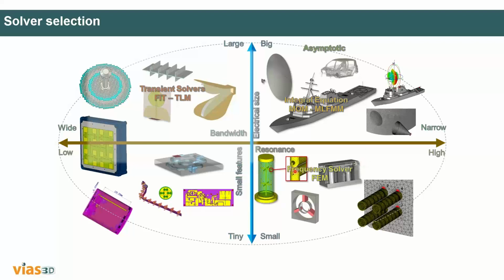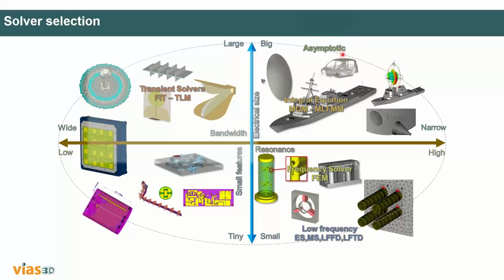There are still approximations. Any numerical computation is full of approximation methods. But still, it has fewer approximations compared to the asymptotic method, where you are using the ray tracing method. Basically, the shooting and bouncing rays method is the preferred choice for this kind of application, very electrically large structures.